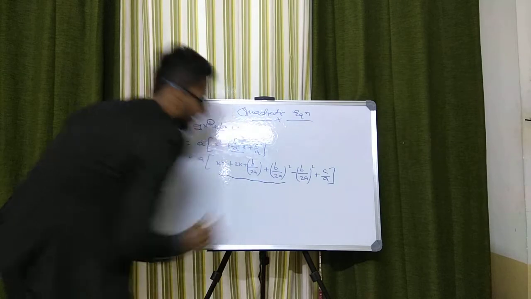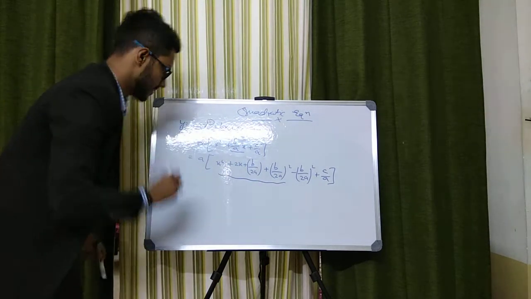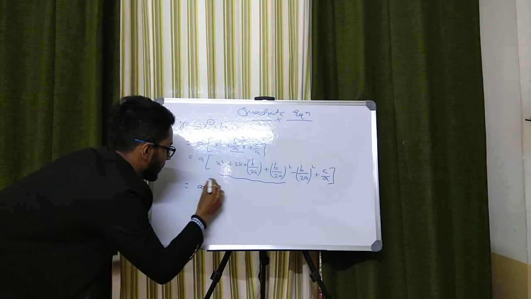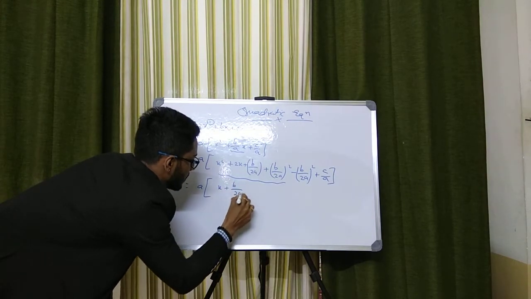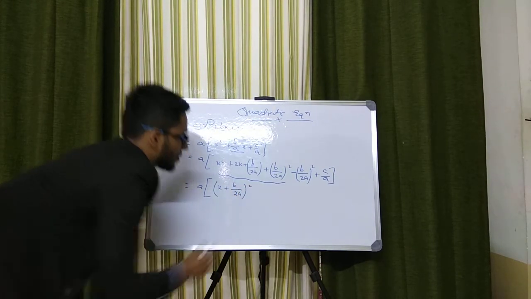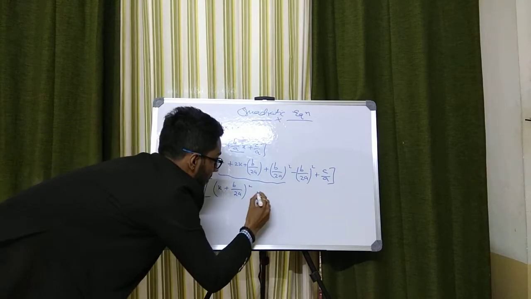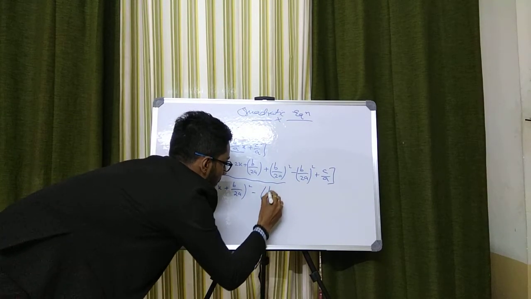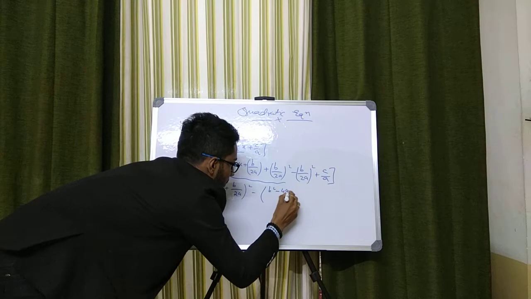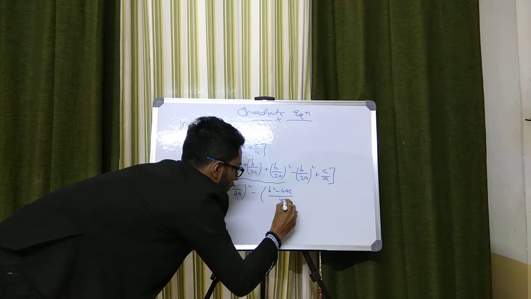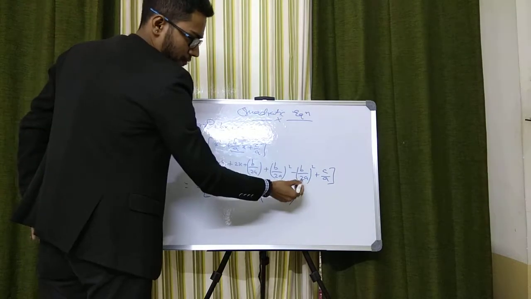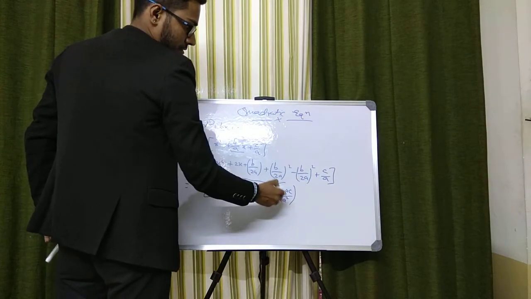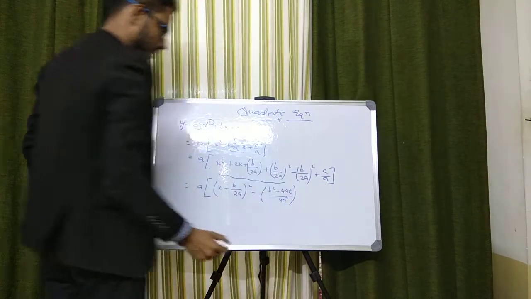This is a plus b whole square. So a into x plus b by 2a whole square, minus b square minus 4ac by 4a square, because here we have b square by 4a square. 4a square is the LCM, so minus, taking common, b square minus 4ac.